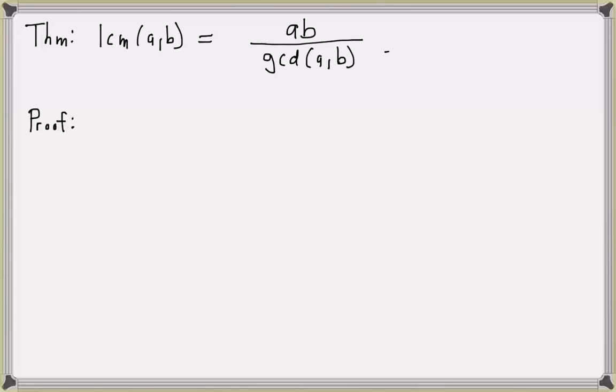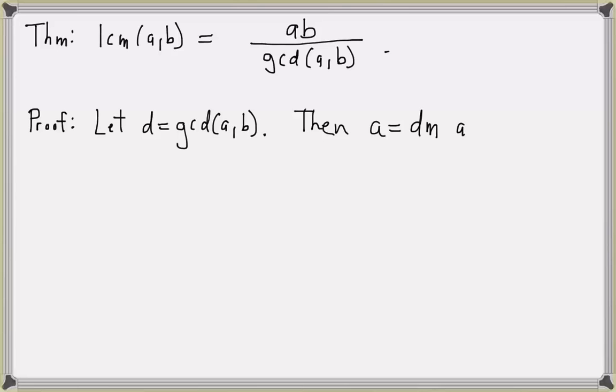The least common multiple of A and B equals A times B divided by the greatest common divisor of A and B. So once you've done all the work using the Euclidean algorithm to find the greatest common divisor of A and B, you can quickly find the least common multiple of A and B. So let's let D stand for the greatest common divisor of A and B. Since D is a divisor of A and B, I can write A as D times some integer M, and I can write B as D times some integer N.